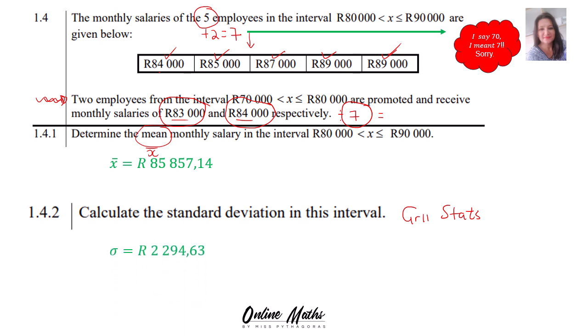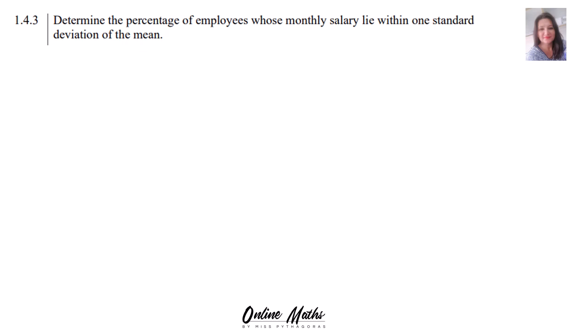The answer, the standard deviation for this set, is 2,294 Rand and 63 cents. Number 3 says determine the percentage of employees whose monthly salary lies within 1 standard deviation of the mean.